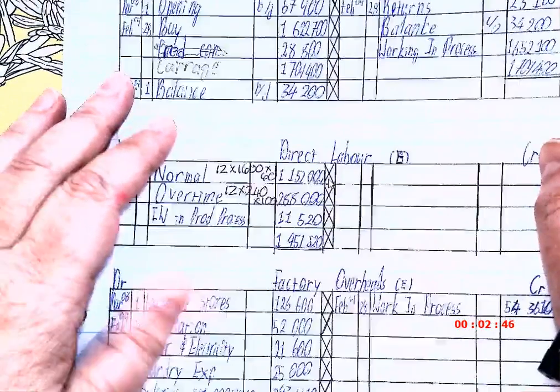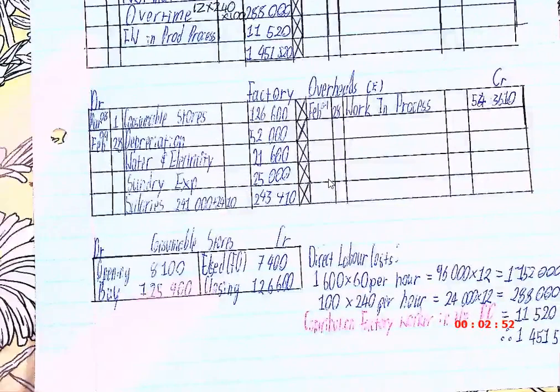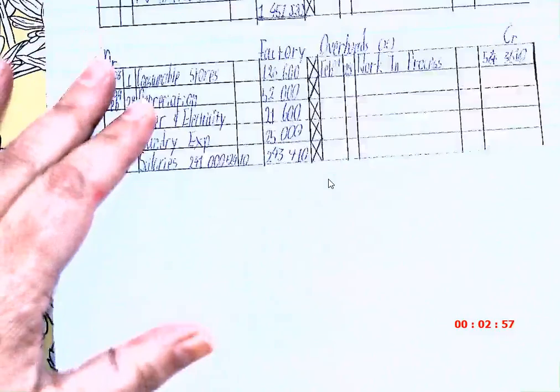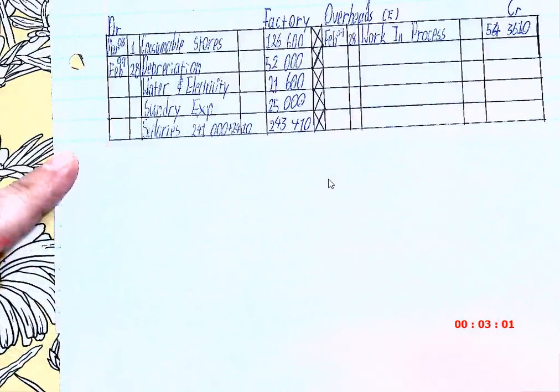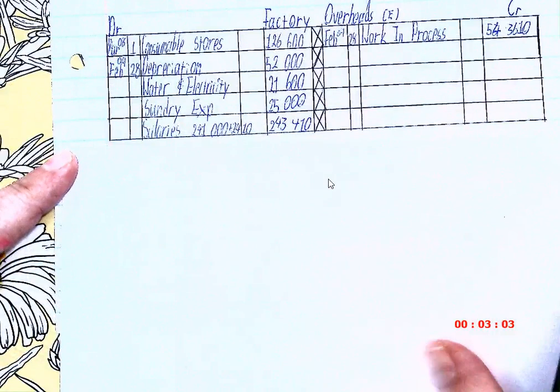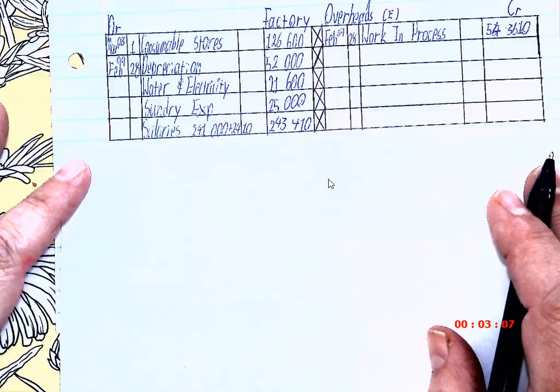Okay, let's go on. So, next they ask me to do the factory overheads. So I just want to explain to you again how this works. So, if I look at a manufacturing business, it's got 3 separate departments.